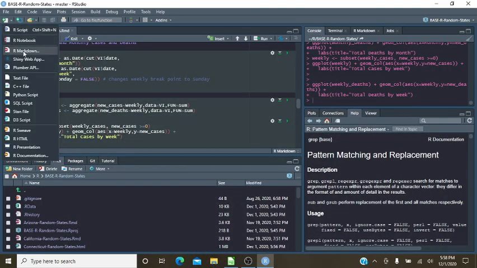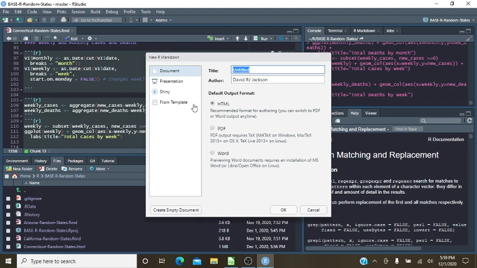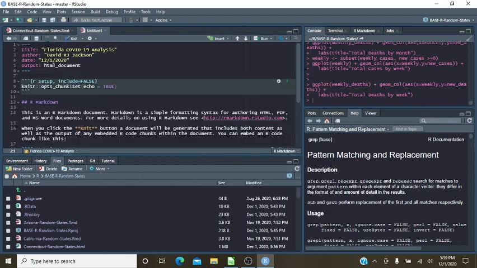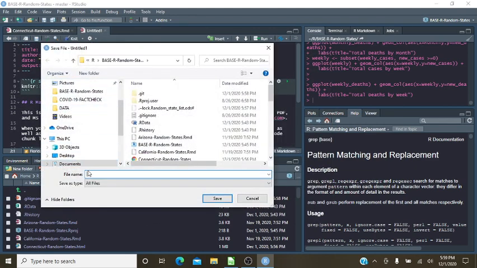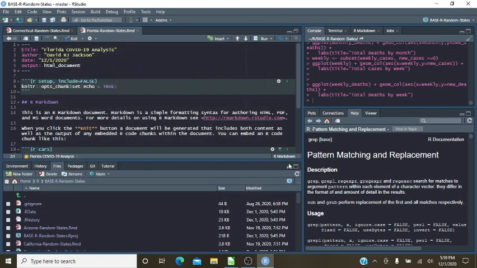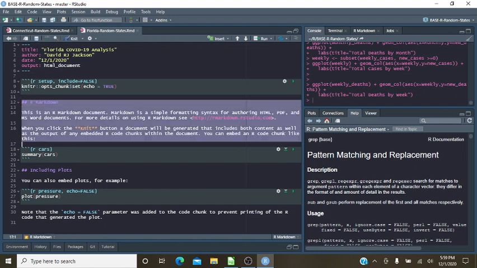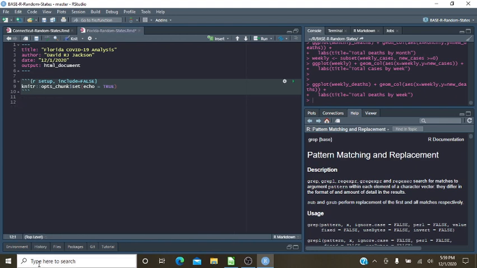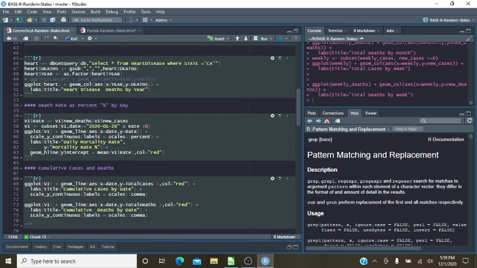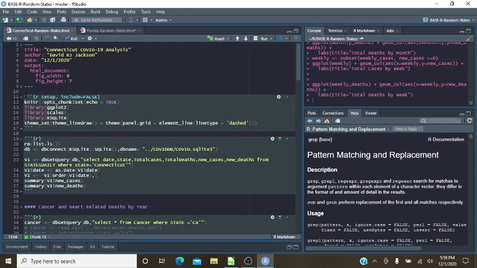As we always do, we'll create a new markdown file. Do a save. All right. So once again, we come over here and get rid of this. Let's come right back to the top and get all the way down to.